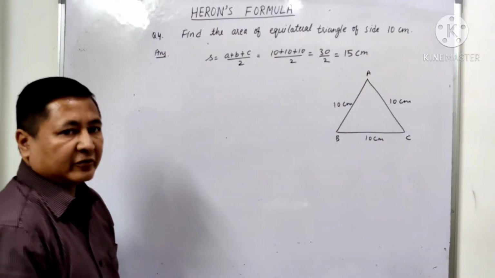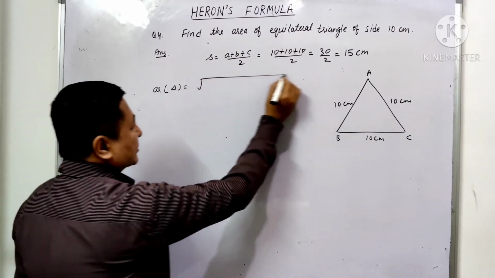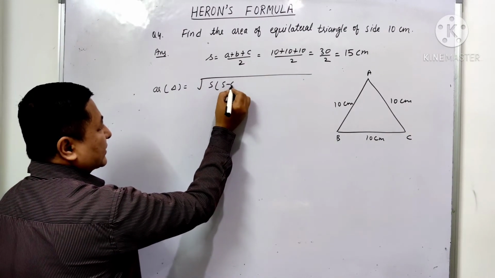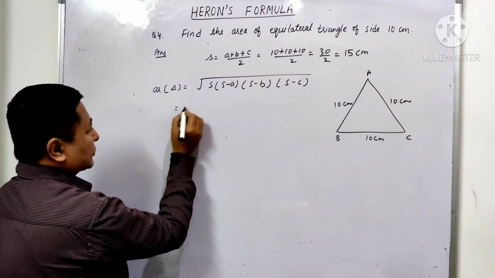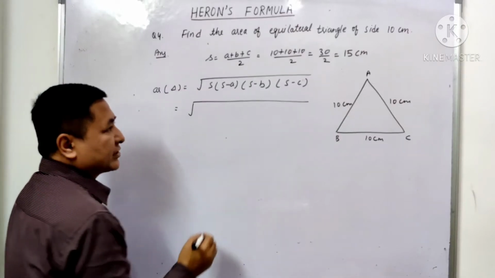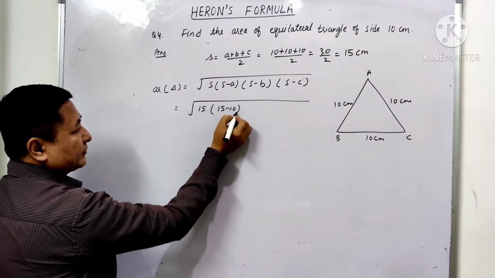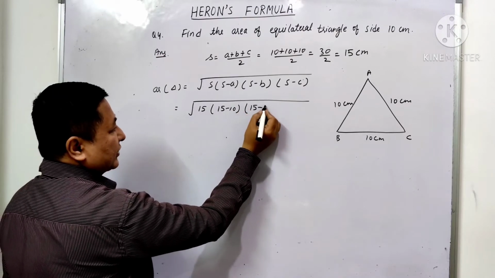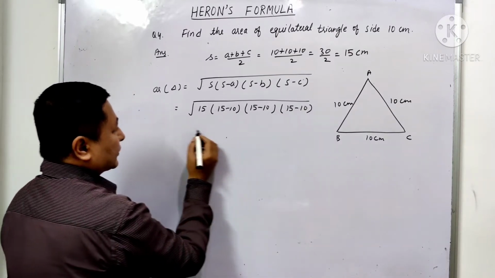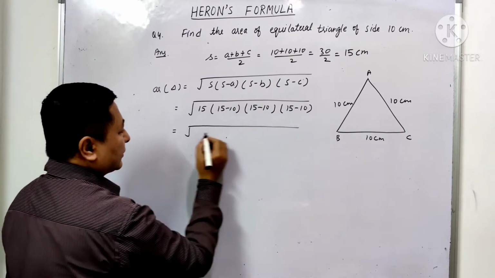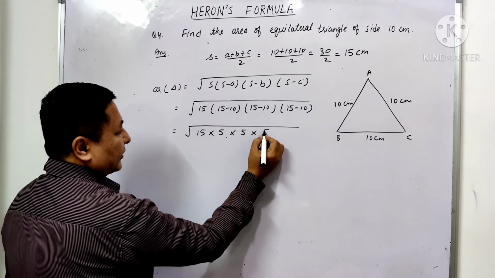Now we have to find the area of the triangle. So the area of the triangle will be, we'll write the formula first, root of S into (S minus A) into (S minus B) into (S minus C). So S, the semi-perimeter, is 15. So write 15 and write 15 minus 10, again 15 minus 10, again 15 minus 10. So it will be 15 into 5 into 5 into 5.